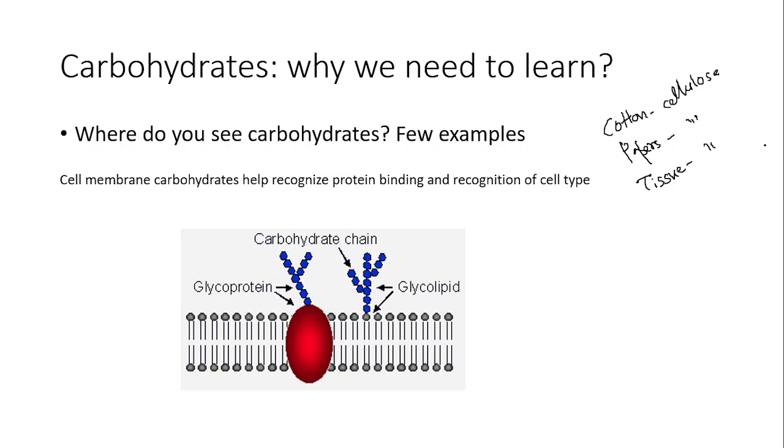Inside the cells, or on top of the cells, where you do not really see them that well, there are also carbohydrates present. So, for example, this is a cell surface. On top of that, you have a glycoprotein, meaning you have a carbohydrate chain linked with the protein.